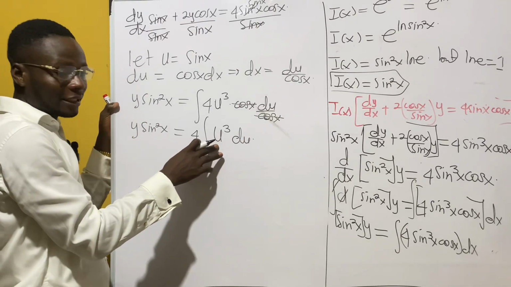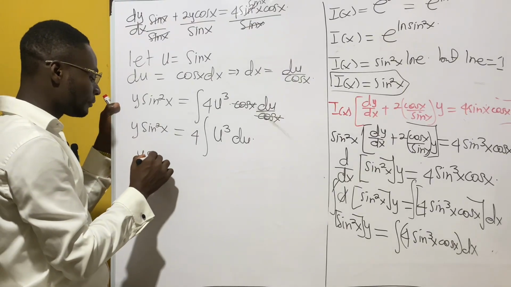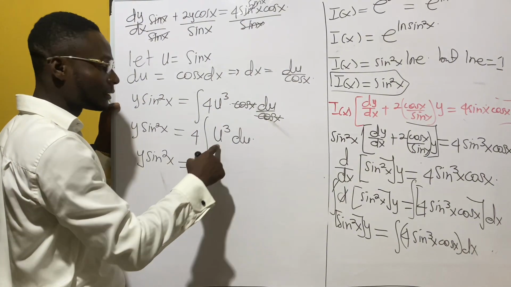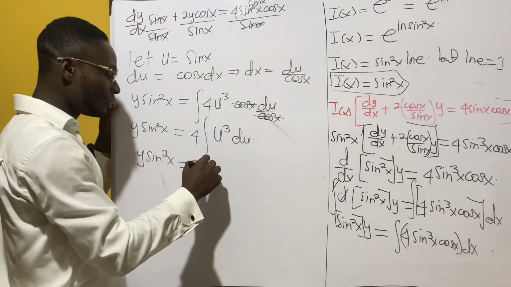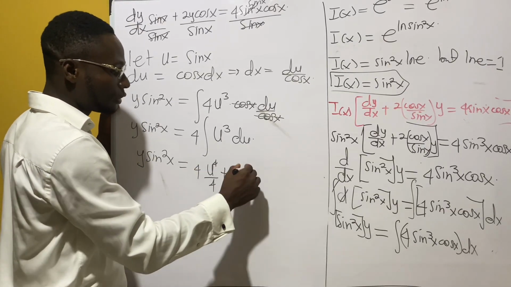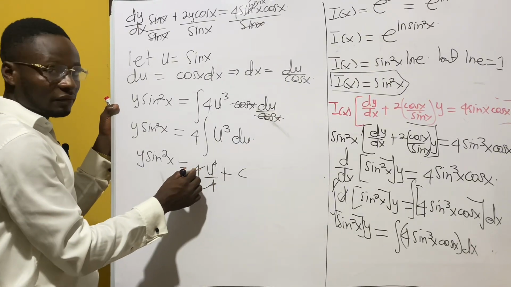So now we can integrate this so easily. You're going to have u power 4 over 4 plus your constant of integration. But we know that this will take off this, right?